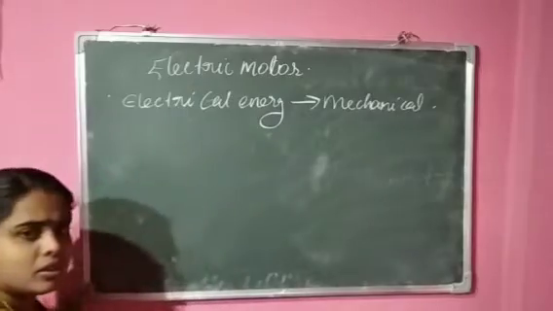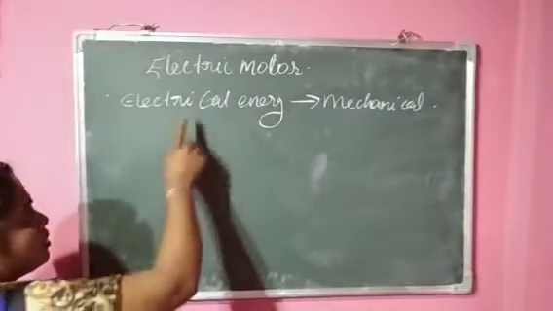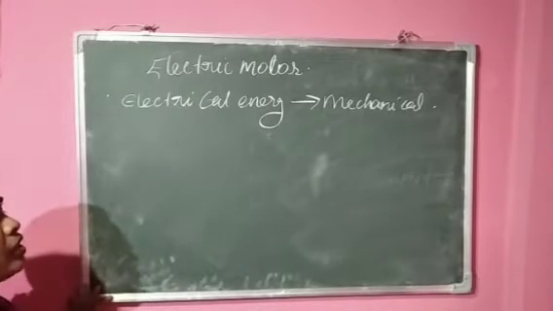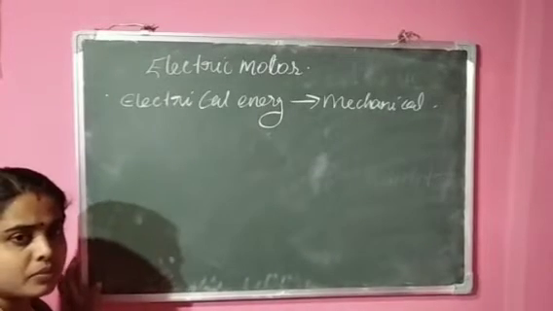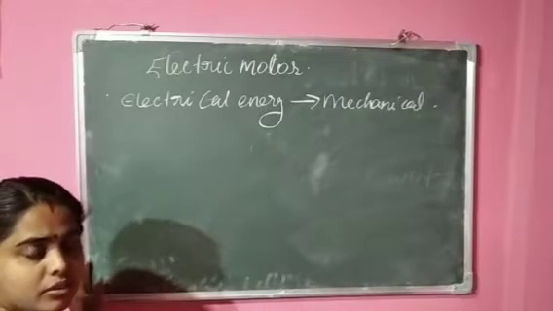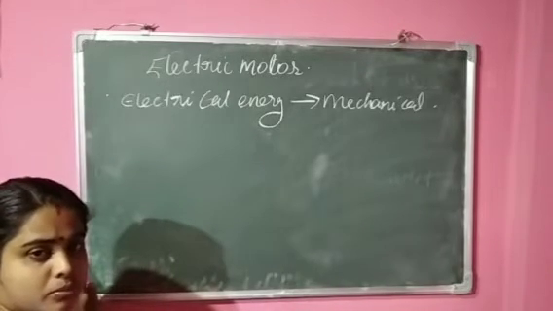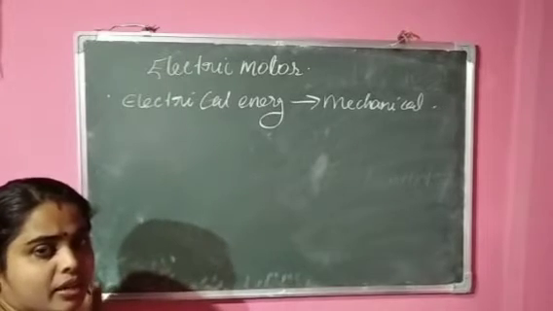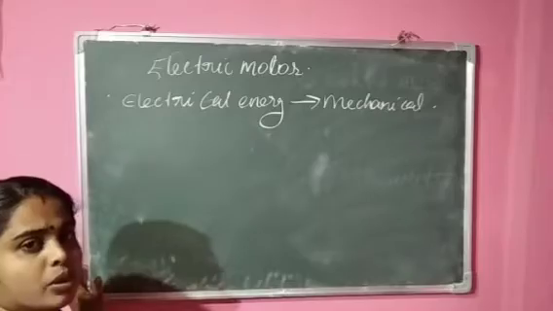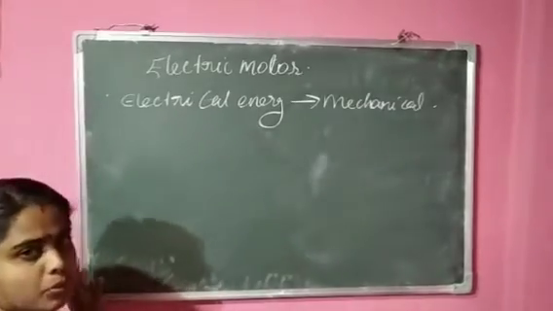Mechanical energy. Device which converts electrical energy to mechanical energy. Where are we using this electric motor? It can be seen in electrical gadgets like refrigerator, washing machine, mixie, electric fan. So, all these equipments work with the help of electric motor.